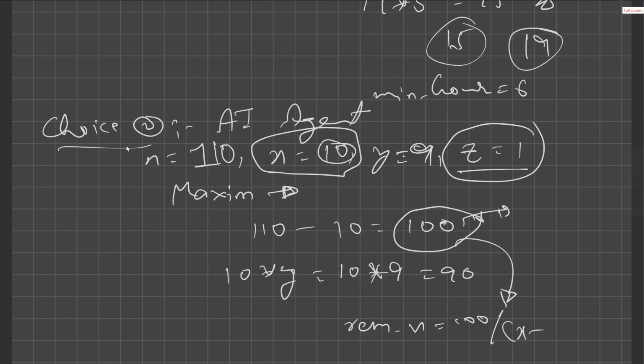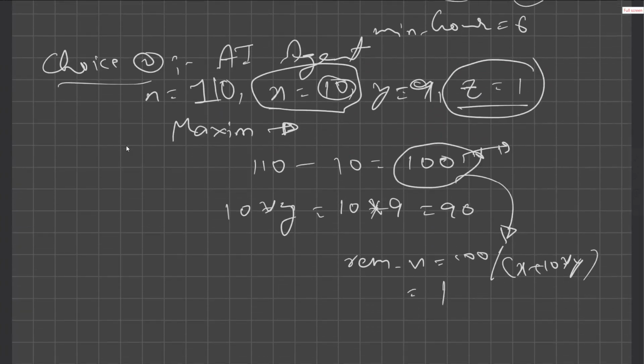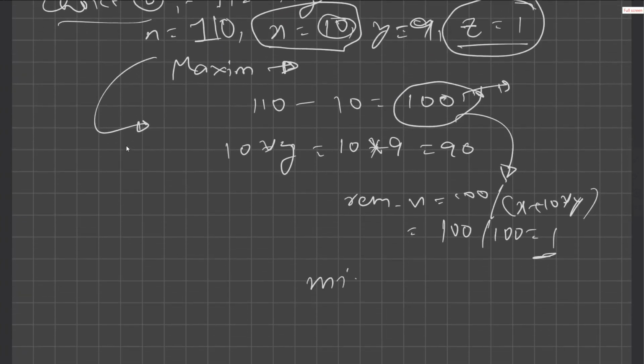Speed is now x plus 10 times y. As you can see, x is 10, 10 times y is giving you 90, so it is also 100. So it is equal to 1. So 1 hour is already spent, and 1 more hour we need to complete the code. So the minimum is 2 hours.